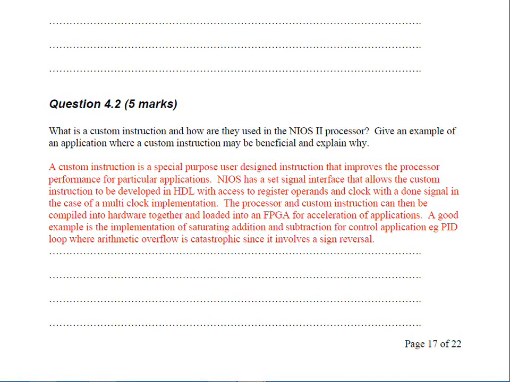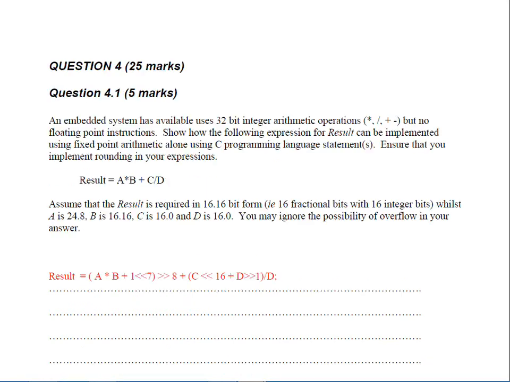Give an example, and in this case, you could make a PID loop instruction given an error and a bunch of constants you've stored. So this is a way of speeding up a particular operation that occurs frequently in your design. All right, so you can ignore the data acquisition questions.